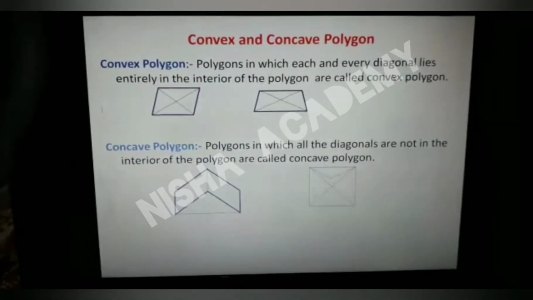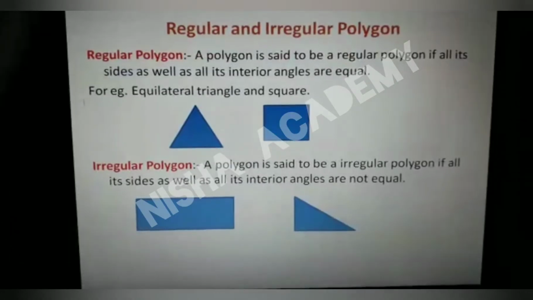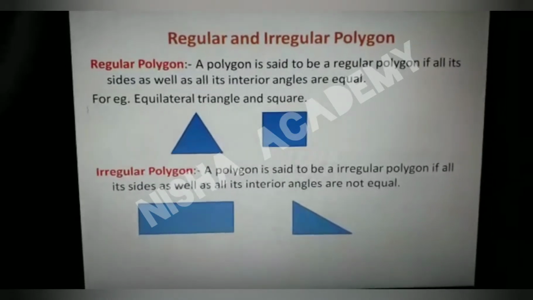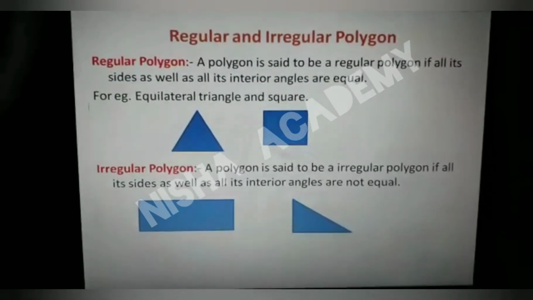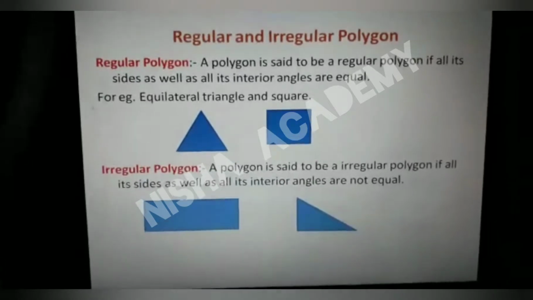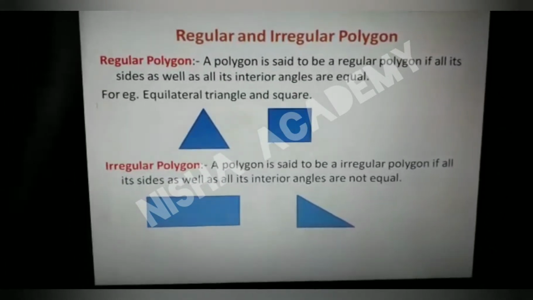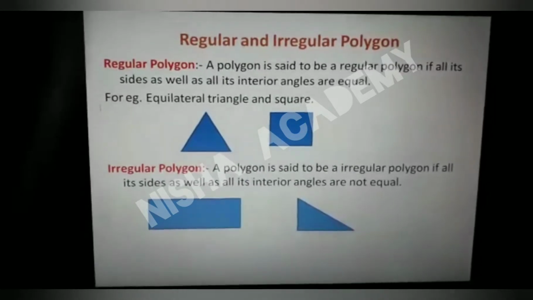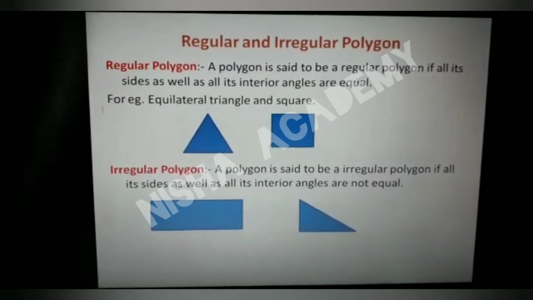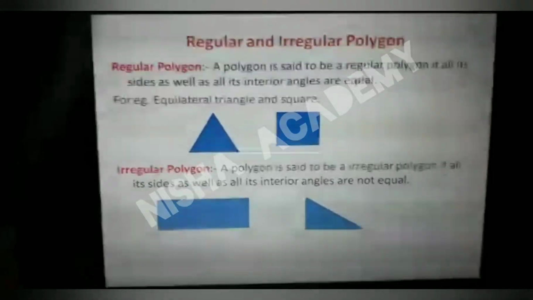Our next topic for today's lecture is regular and irregular polygon. Now what do you mean by regular and irregular? Regular means all its sides and angles are equal.